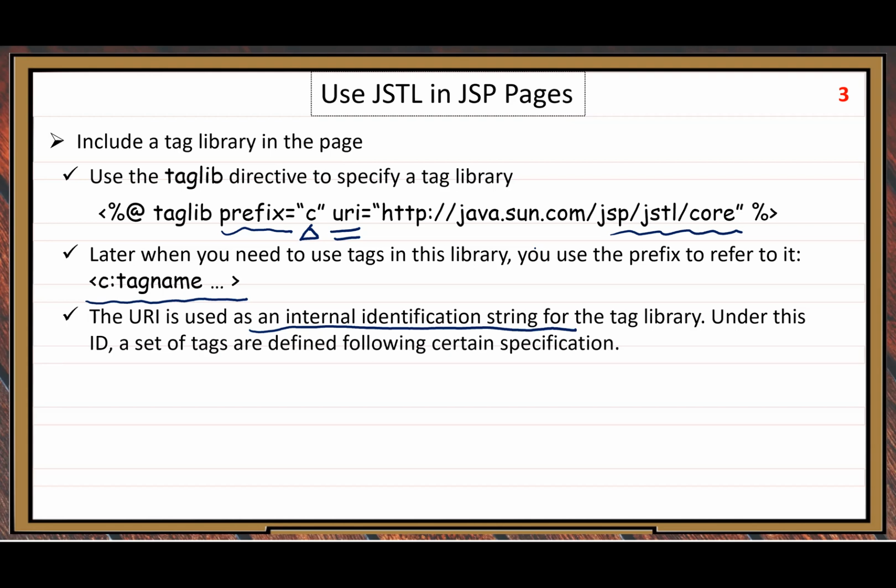Under this ID, a set of tags are defined following a certain specification. The Java customized tag library technology defines the specification. Developers need to follow the specification to develop your own tag libraries. All right, then you can use the tag expressions in your JSP code.